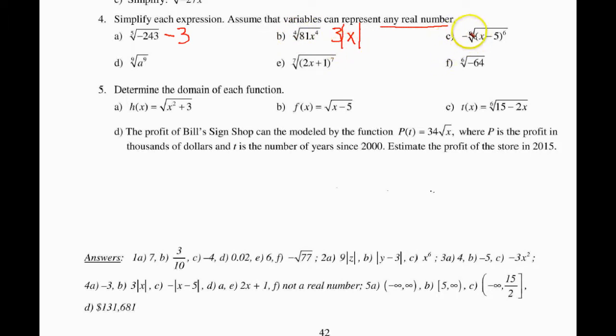Now, here, for letter C, if you take that 6 divided by that 6, it's going to give you just the radicand, x minus 5. And again, they're saying that could have been negative, so they want you to put it in absolute value terms. And now you apply the negative.